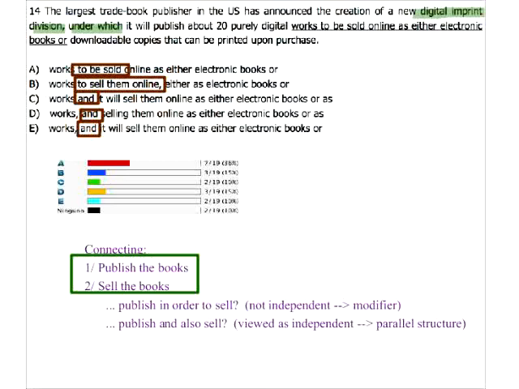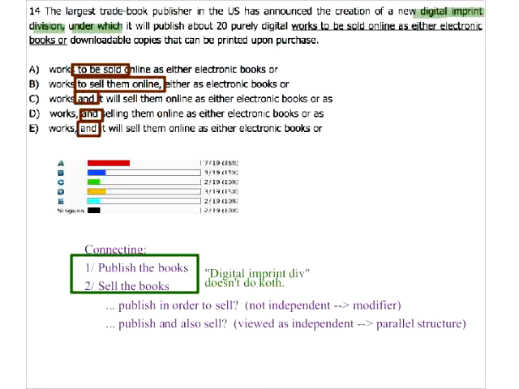So, it took me a little bit of trouble typing here, so bear with me. A digital imprint division would not do both. So, that's what lets us make the decision. The decision is that this company publishes them, and then they are things to be sold later by some other division of the company, most likely.